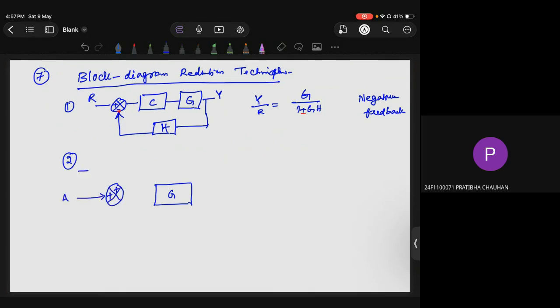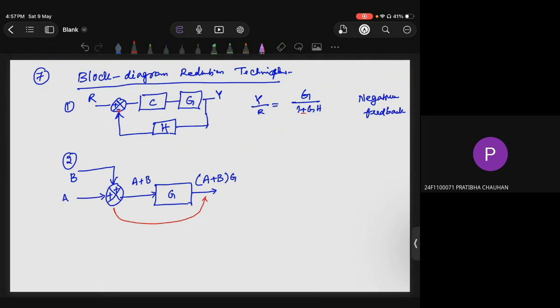You have A, and you are giving B here. So in general, what do you get here? You'll get A plus B, correct? Here you'll get A plus B multiplied by G. Now my intention is to move the summing point from before G to after G.